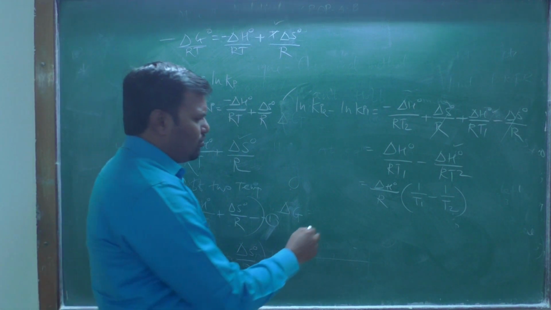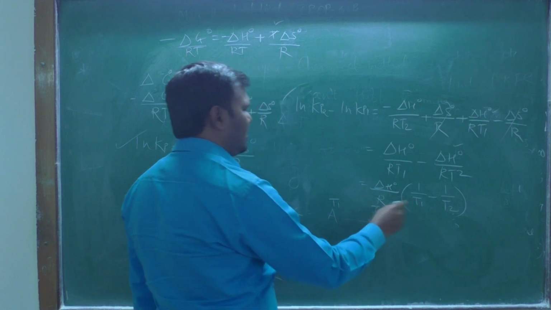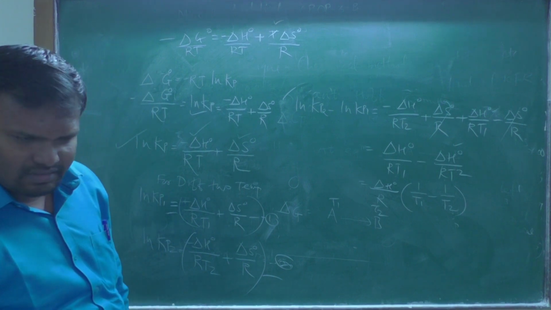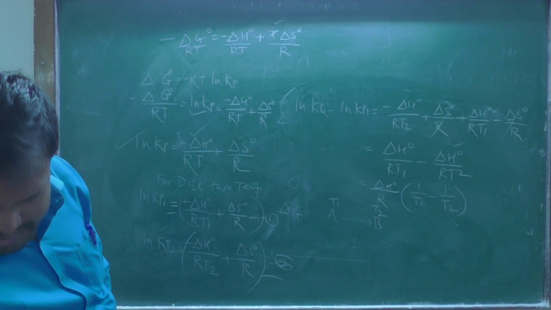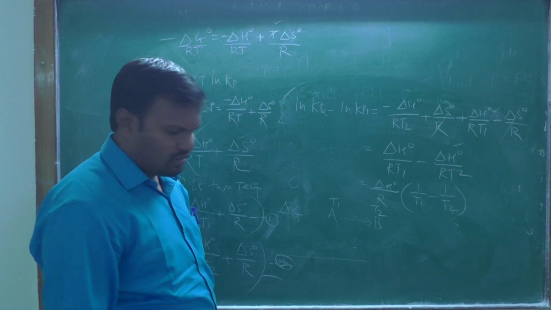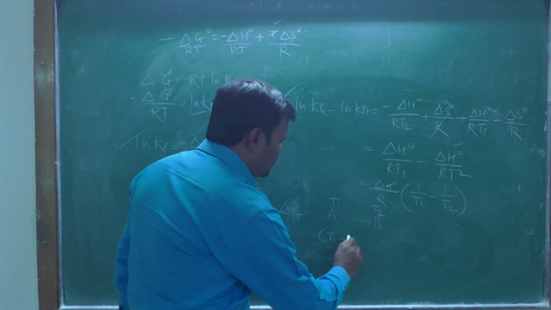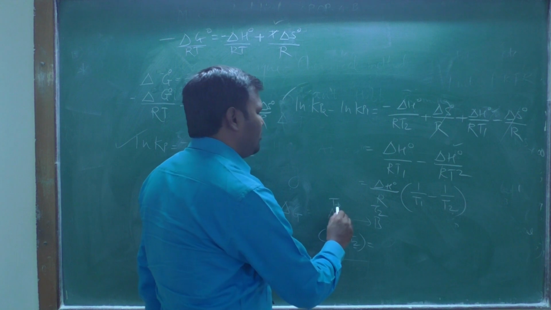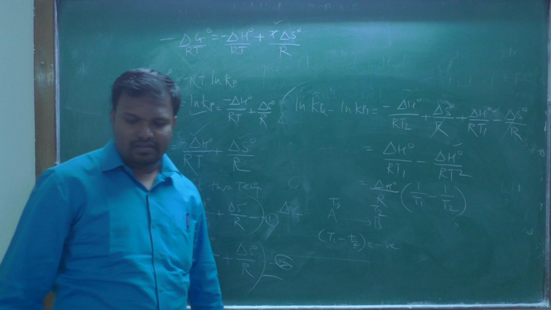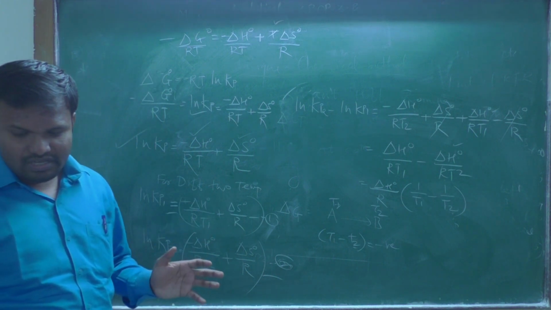If A gives the product B at temperatures T1 and T2, and you increase the temperature, T2 is higher than T1. Therefore T1 minus T2 will be negative, meaning the temperature is increased.